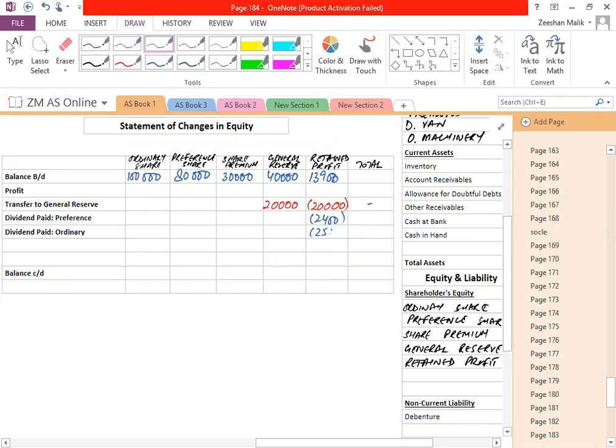Dividends are to be subtracted from the profit, that is retained profit column. Dividends are to be subtracted from the retained profit column. And which dividends are to be recorded? Only and only paid. It will always be mentioned as paid in the trial balance.